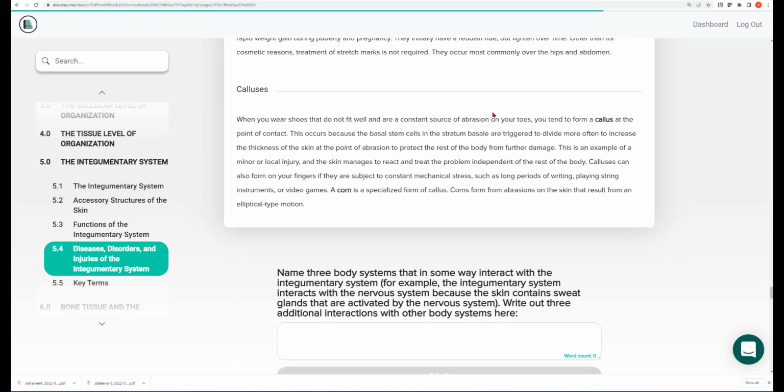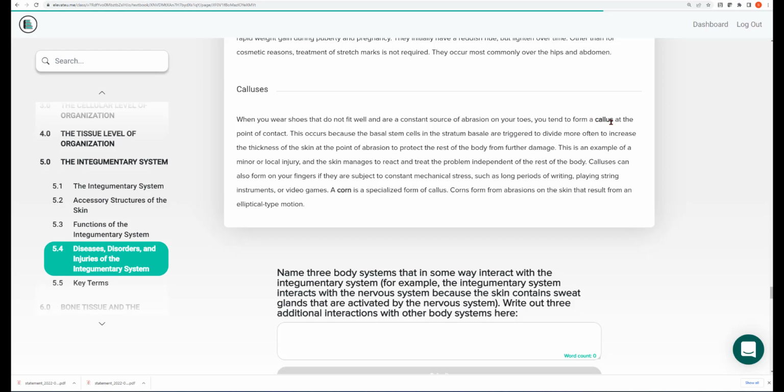And then finally, any part of your skin that you are abrading or getting roughed up on, for example, the heel of your shoe or the sole of your foot, or maybe if you work with your hands a lot, you might have calluses on your hands. This is simply an area where lots of cells are triggered to divide to make more cells. This is a protective mechanism, so the skin gets thicker in those areas.